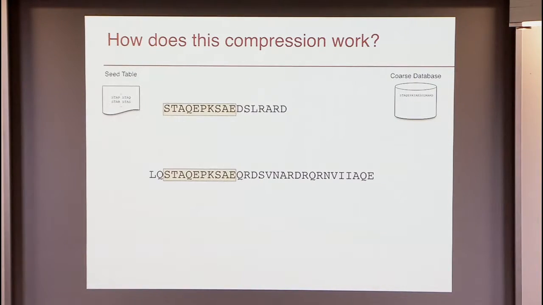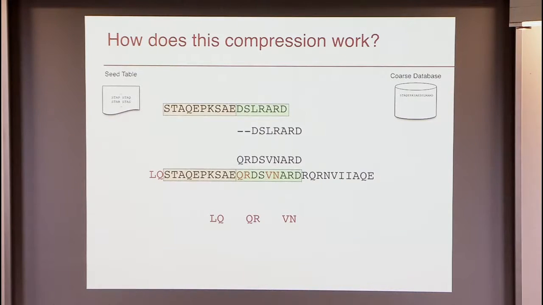We just greedily try to add characters until we run into a mismatch. The D and the Q do not match. Then we try a gapped extension. Here, we find that if we do a sequence alignment of these two, they match with a couple of differences, and those differences we can store.